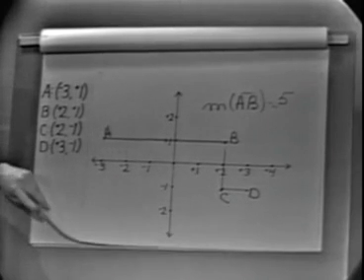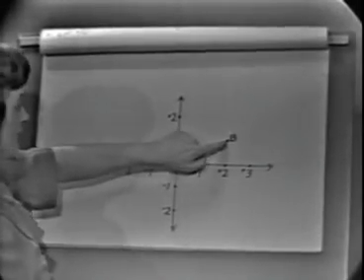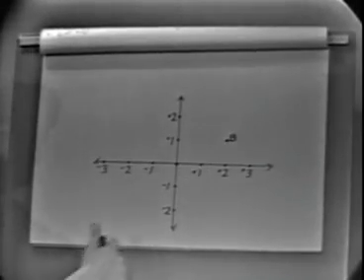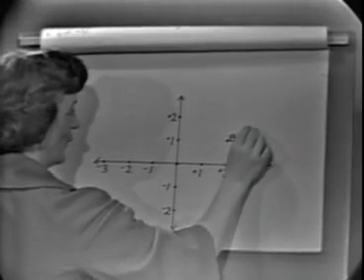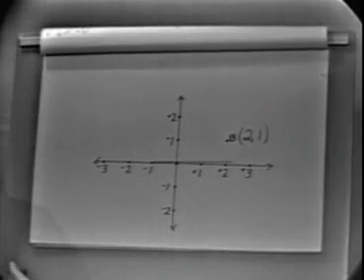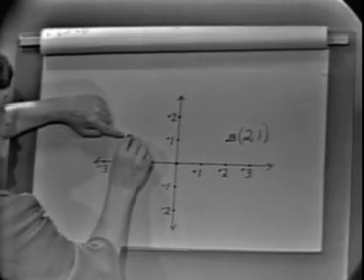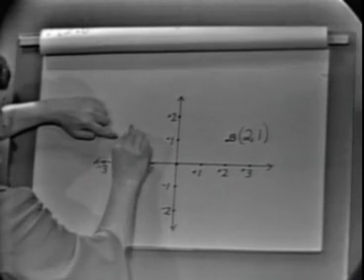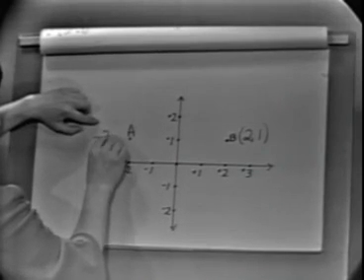But let's consider still another point. Point B. Its coordinates on a vertical through 2 and a horizontal through 1, we write 2, 1. But now let's find a point symmetric to B with respect to the vertical axis. We'll name it A. A point then whose coordinates are negative 2, 1.